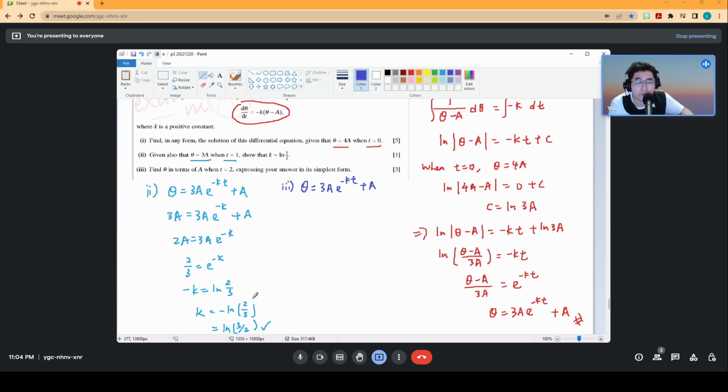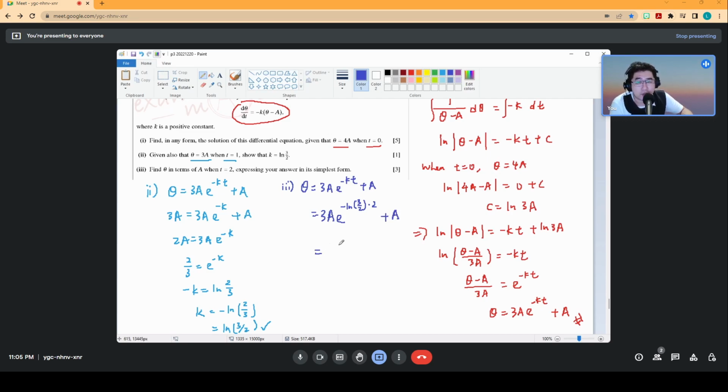Although we already found the value of k, I don't want to insert it yet, so that I can have an easier answer later. When finding the value of theta when t equals 2, I have 3a e to the negative ln of 3 over 2, times 2, plus a.